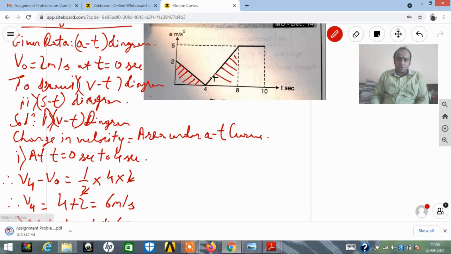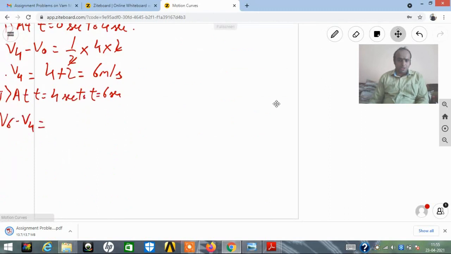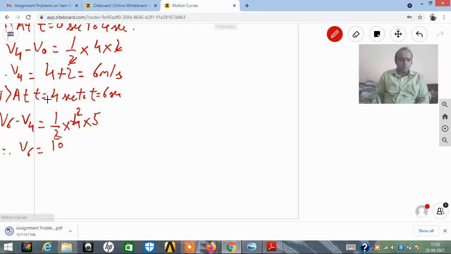Again I'll be shading it over here, that is half into 4 into 5. So I will be mentioning it over here, half into 8 minus 4 is 4 into 5. Therefore V6 is equal to 2 1s are 2, 2 5s are 10, plus V4 is nothing but 6. So it is equal to 16 meter per second, V6.